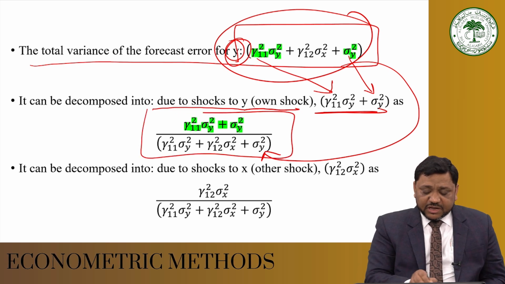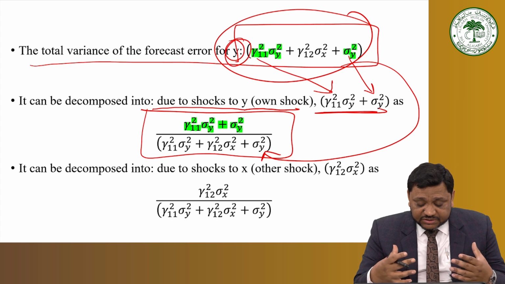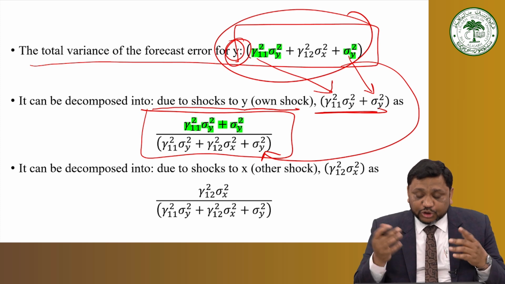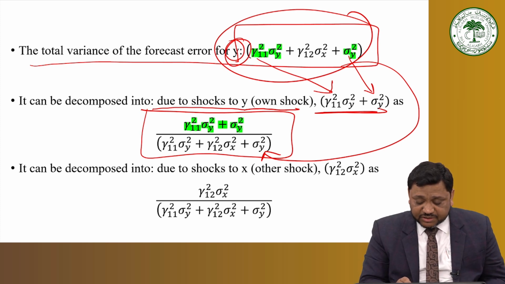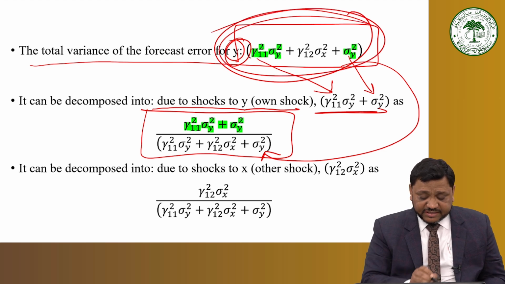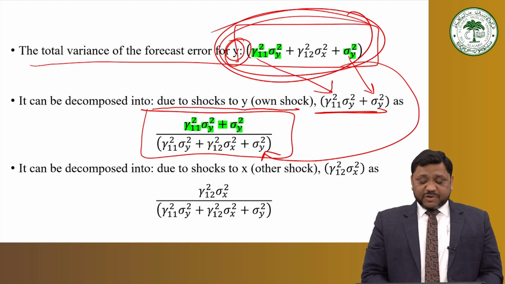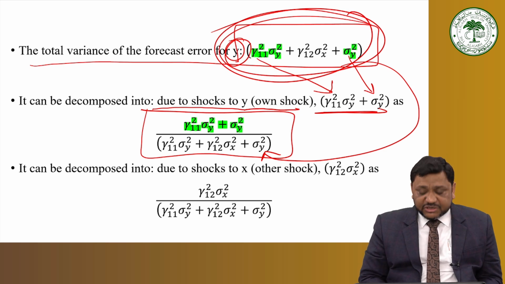This is when we have decomposed the error due to the shock on y. This is gamma 11 square sigma square y plus sigma square y divided by this entire thing, that is gamma 11 square sigma square y plus gamma 12 square sigma square x plus sigma square y.